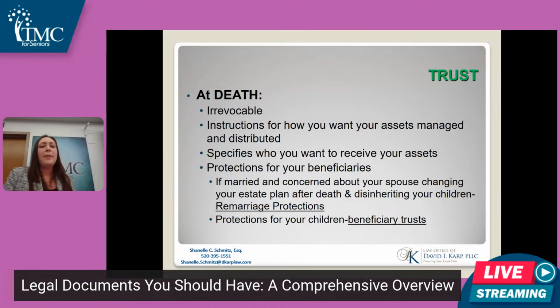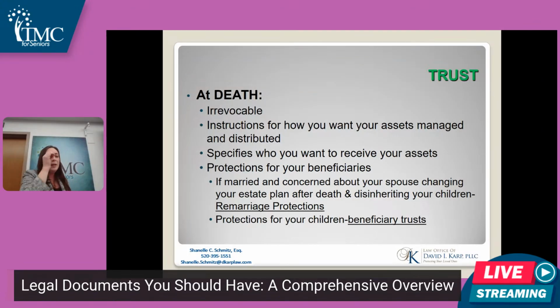So a lot of times when there's concerns, if you're married and you're concerned about your spouse changing your estate plan after death and disinheriting your children, which we actually do see happen quite a bit, then you can have certain remarriage protections in place. It's not to prevent the remarriage, but to protect your children, your beneficiaries, and also your surviving spouse.